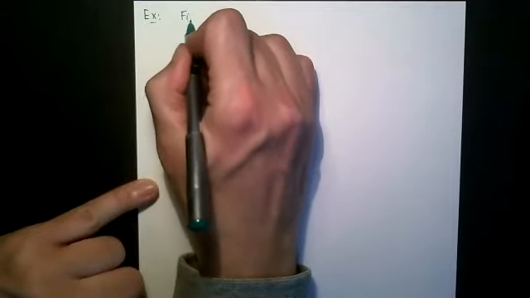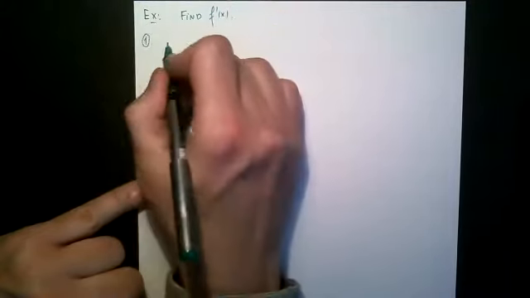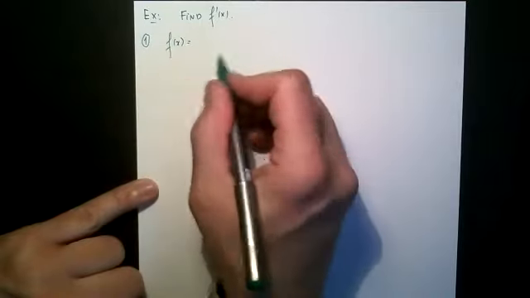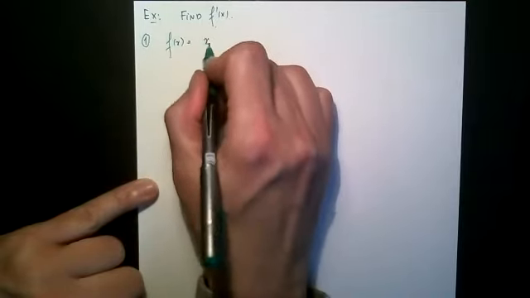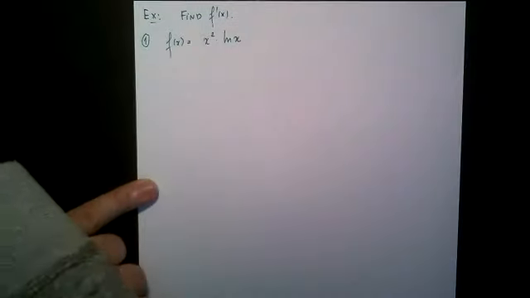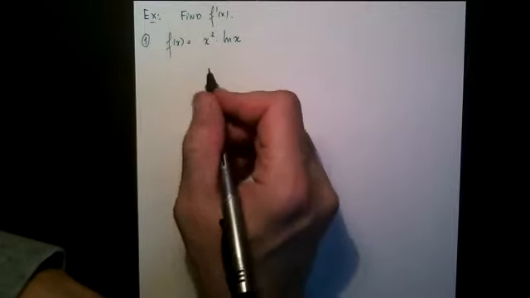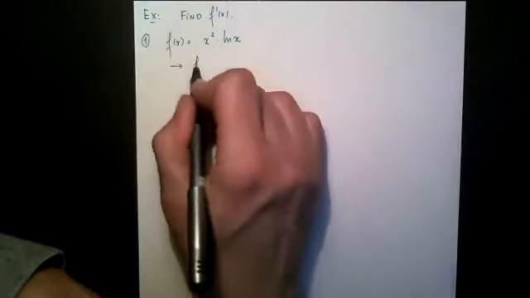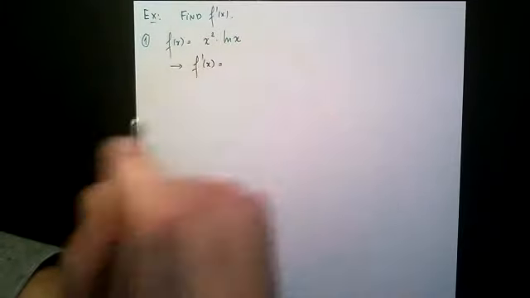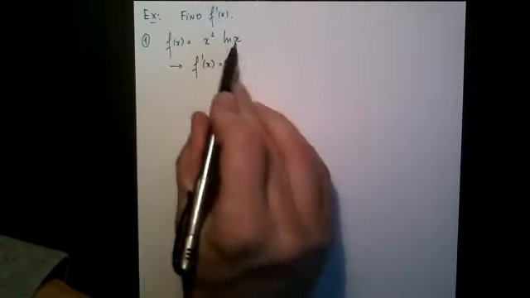So find f prime of x. First, let's say f of x is equal to x2 times ln of x. Okay, so what's f prime? Of course, we have to do which rule? The product rule, because it's a multiplication.